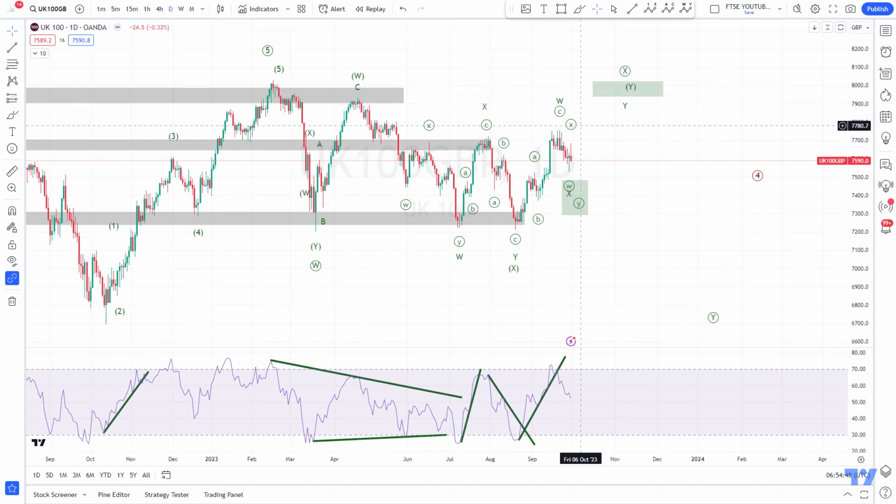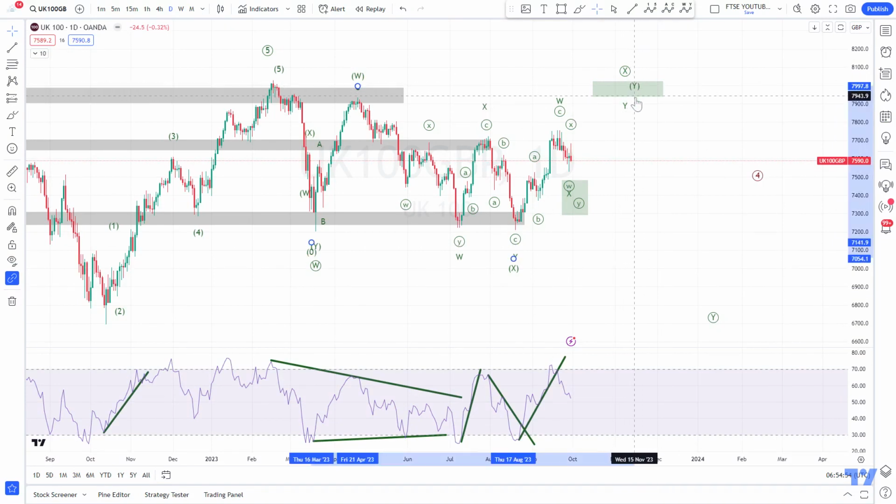And of this WXY structure, I believe we are now doing this Y leg here, and this Y leg is also unfolding as a WXY, in my opinion.